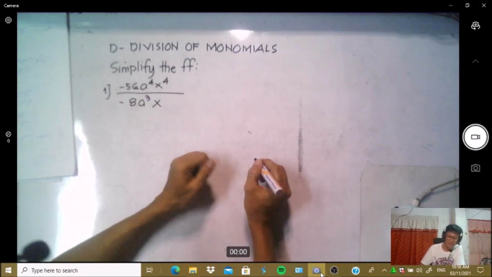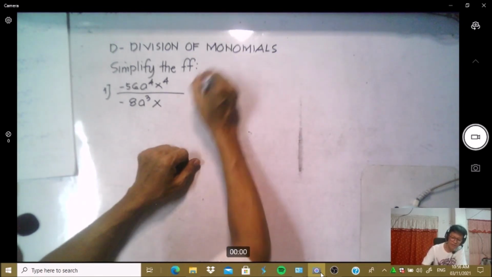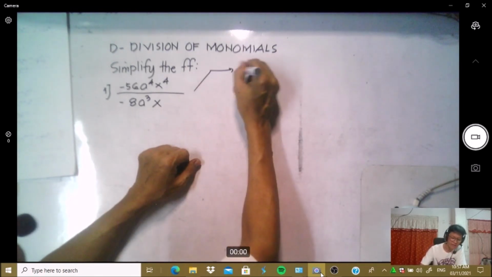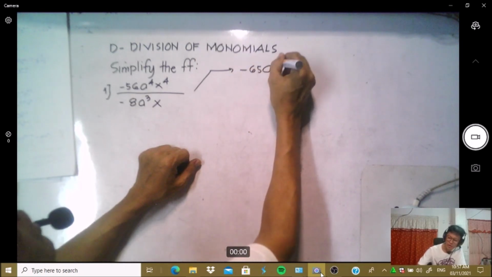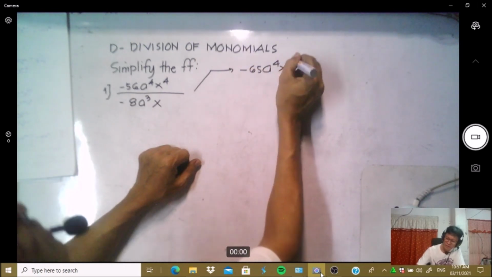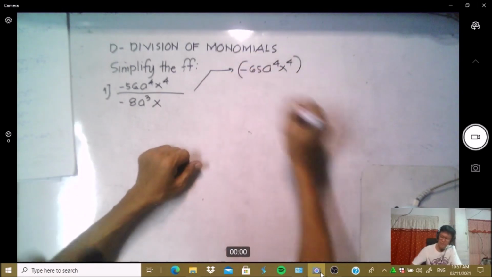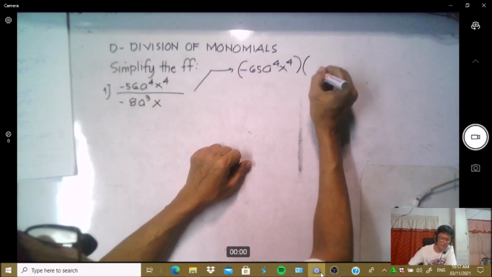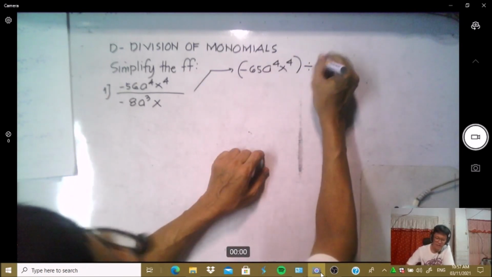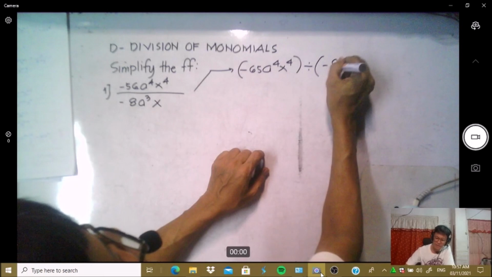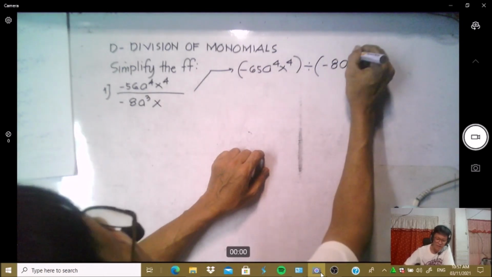Actually, that is just the same as negative 56 a raised to 4 x raised to 4, then let's put this in parentheses, divided by negative 8 a cubed x.